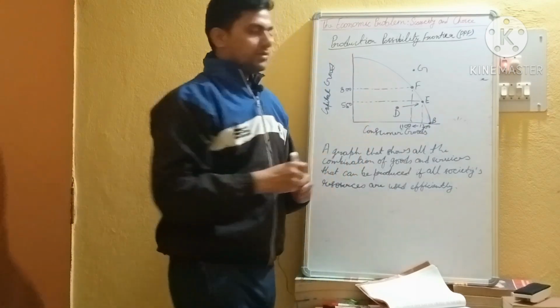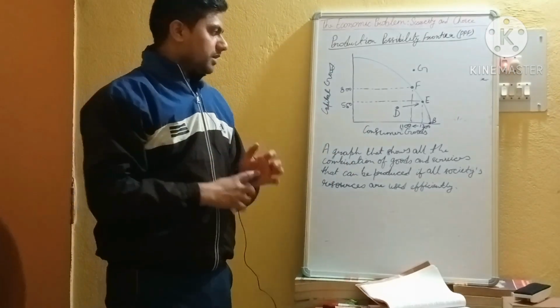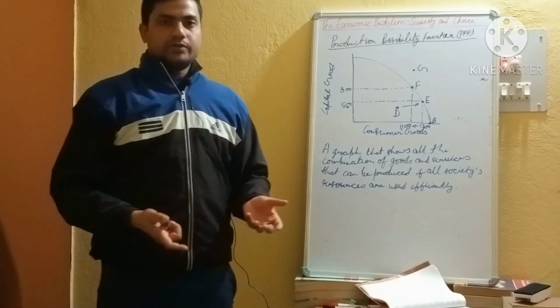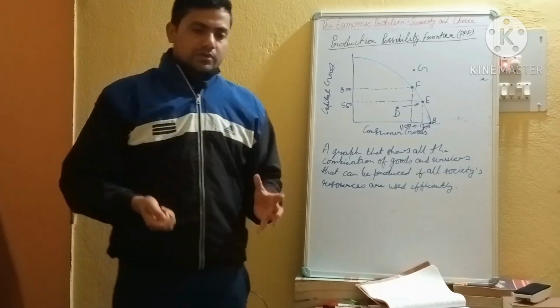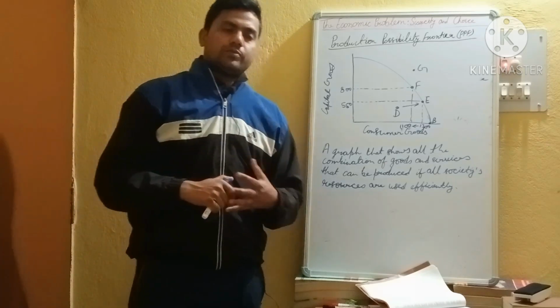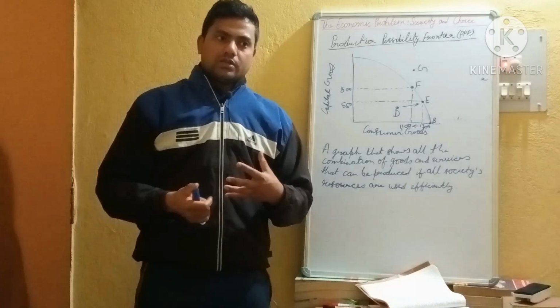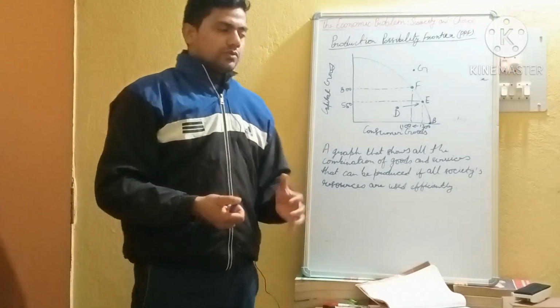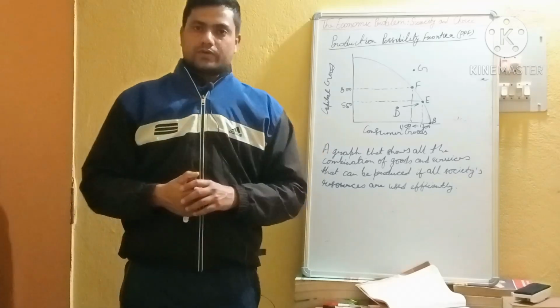The production possibility frontier is nothing but a kind of graph which shows all the combinations of goods and services that can be produced. Whatever combination of goods and services can be produced by using the resources of the society effectively, the production possibility frontier shows.